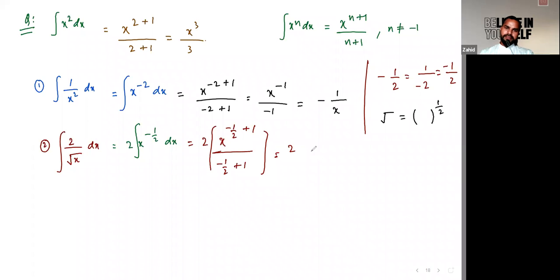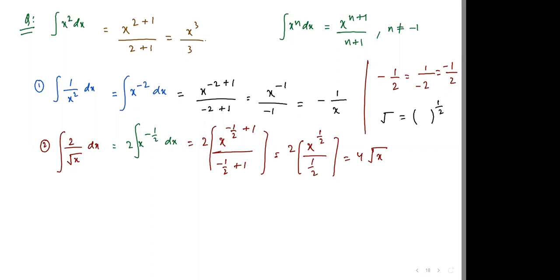Now if you simplify, you will get x raised to minus half plus 1, so it will become plus half, divided by minus half plus 1, which is plus half. This 2 will move to the numerator, so on multiplying it will become 4. And x raised to plus half is nothing but root, so it will be root of x.